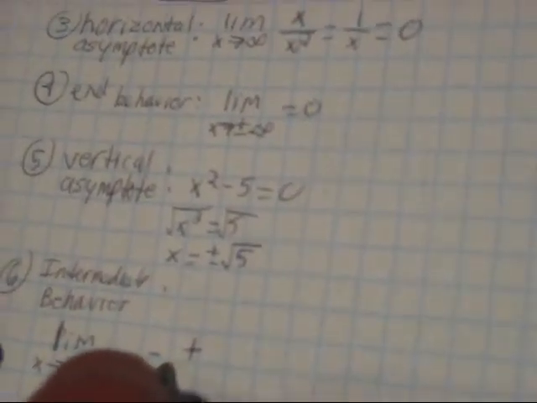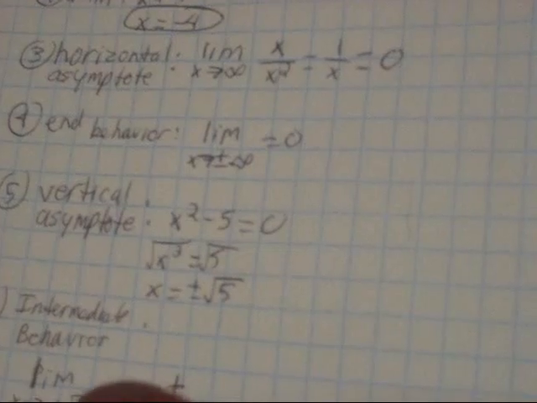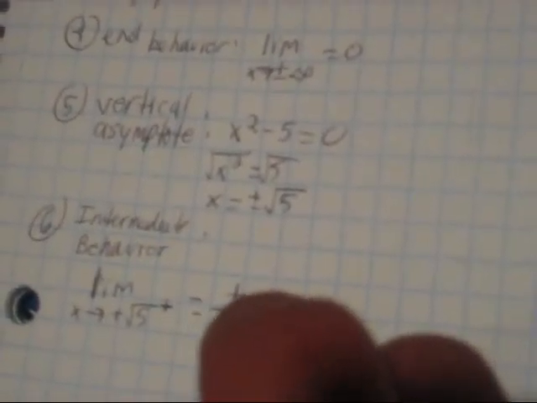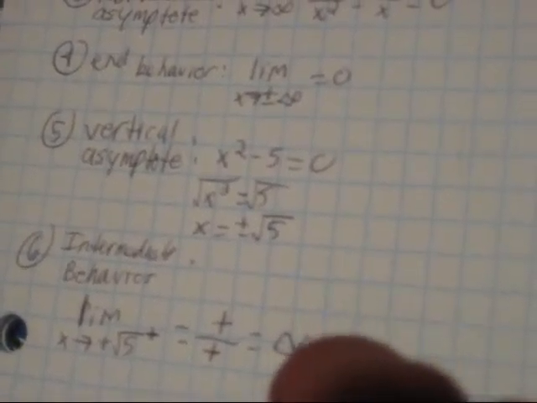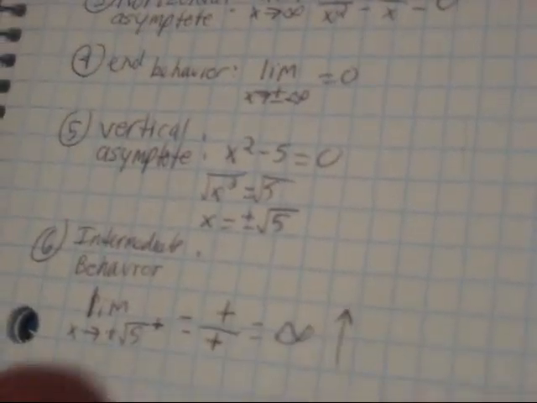The top is going to turn out to be positive, as is the bottom, so that's going to be a positive infinity, which means the right side of the graph will be going upward.